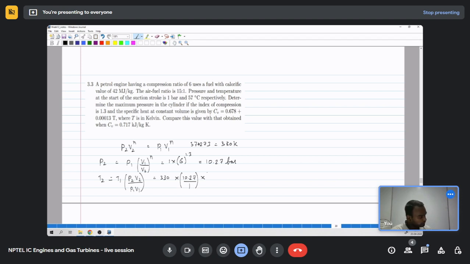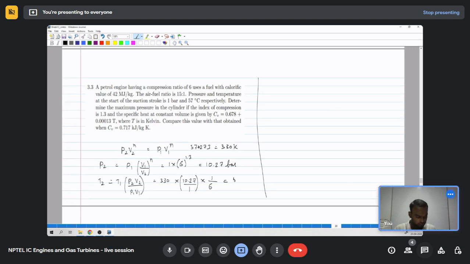1 by 6. So with this T2 can be calculated. 564.8 Kelvin.